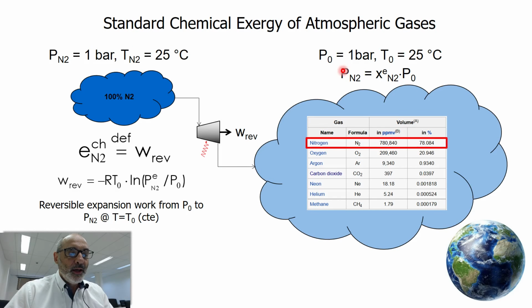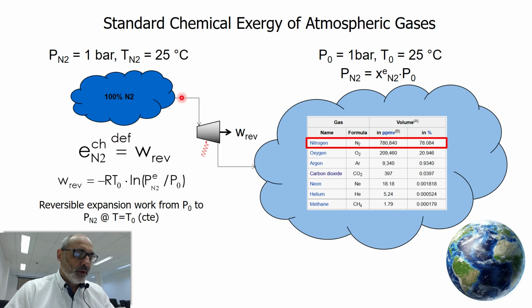Another important formula here is that the partial pressure of N2 in the atmosphere is its molar concentration times the total pressure. This is why I switched from X referring to exergy to X referring to molar concentrations, because that's traditionally used for molar concentration. And now we are using E for exergy. So we know how to calculate this.